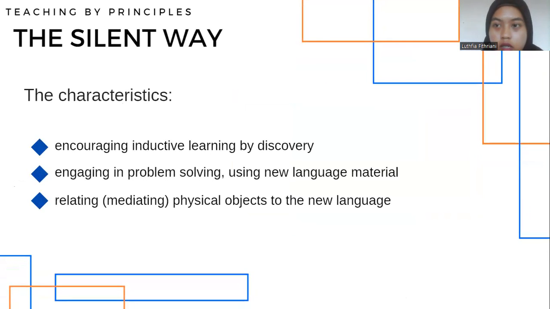Here are some characteristics of the silent way. Encouraging inductive learning by discovery, engaging in problem solving using new language material, and relating or mediating physical objects to the new language.